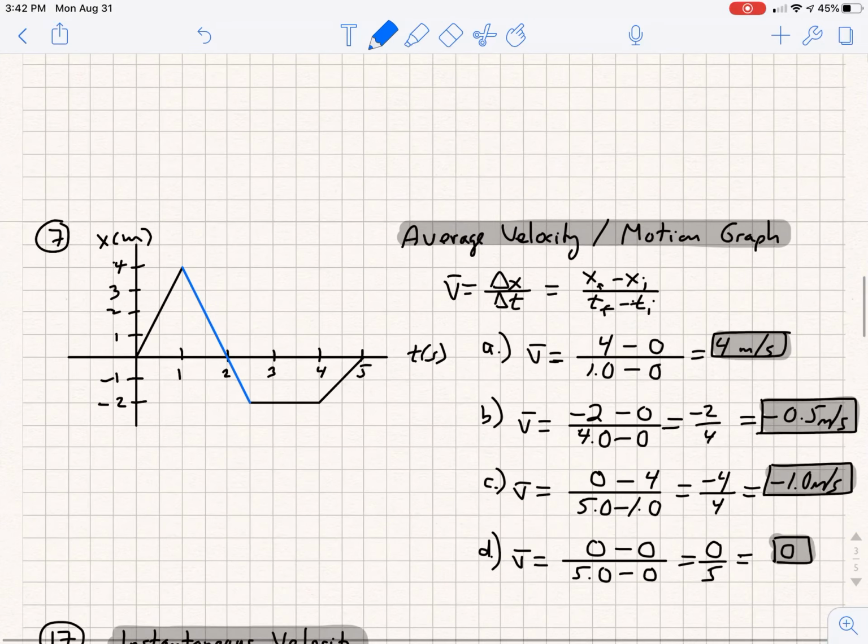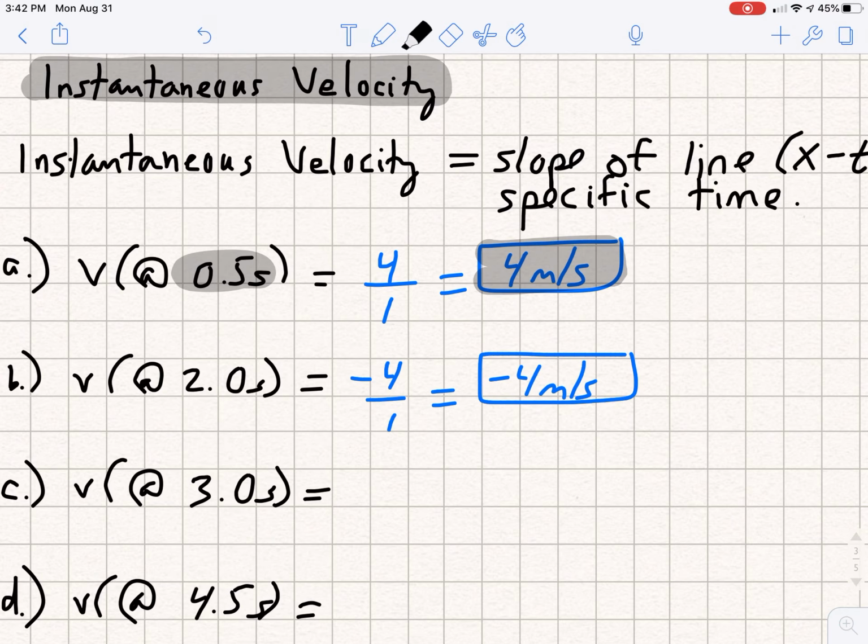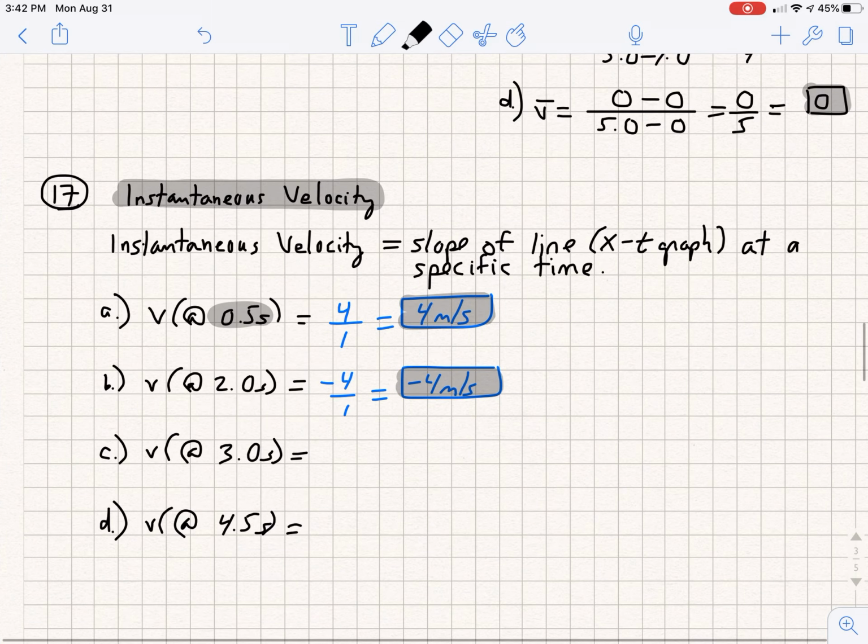Many different ways that you could characterize the slope. I'm going to go down 4 over 1 as a very easy way to get that slope. So the slope of the line at 2 seconds is that downward slope of -4 meters per second.